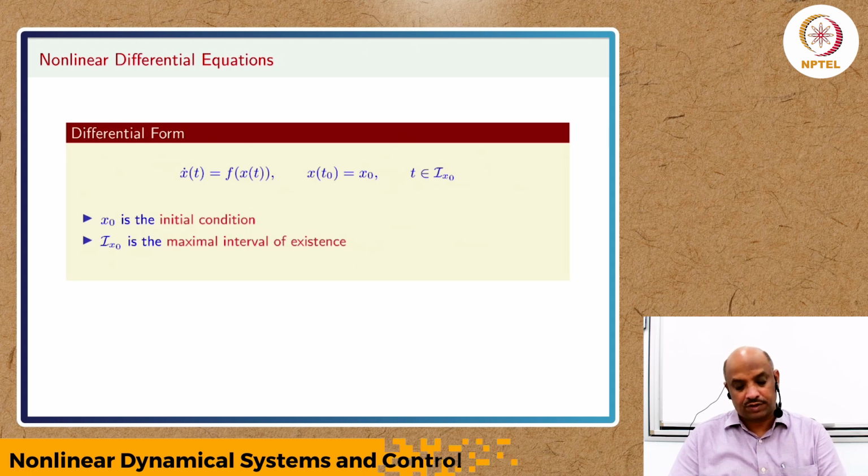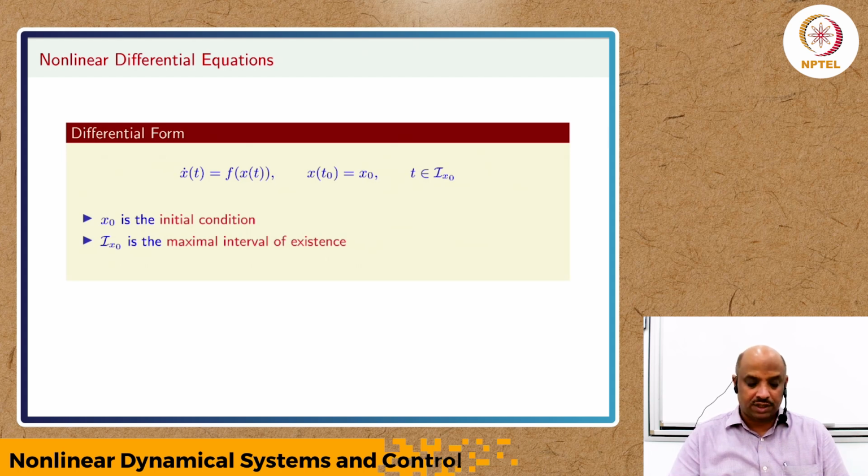Well, we will have some notation I of x 0, which is essentially going to depend on where you start, and it's called the maximum interval of existence. That means if this particular equation has a solution starting at x 0, remember the solution is not just satisfying the differential equation form of it, but actually also the initial condition.